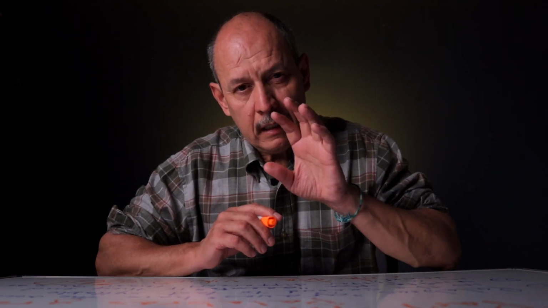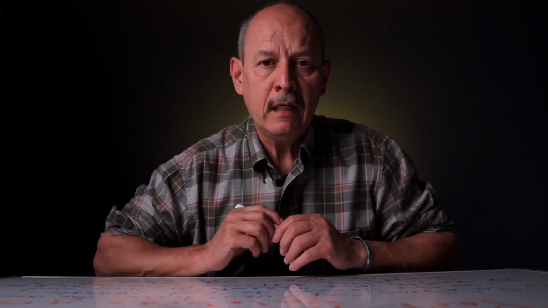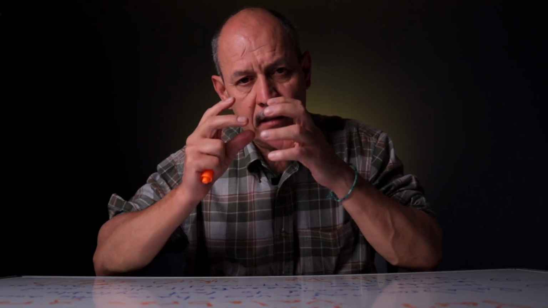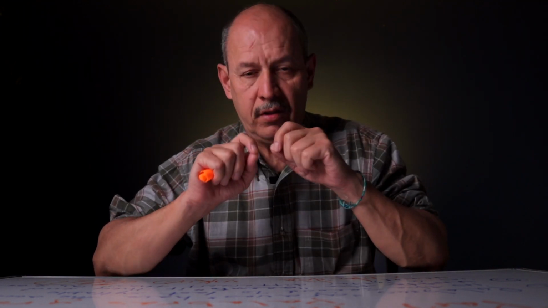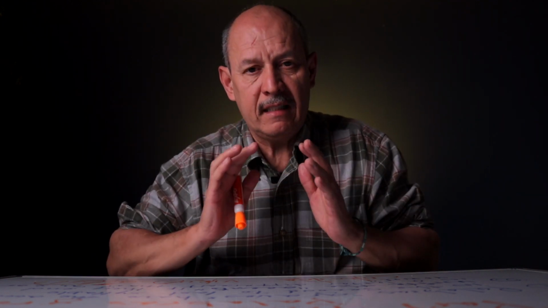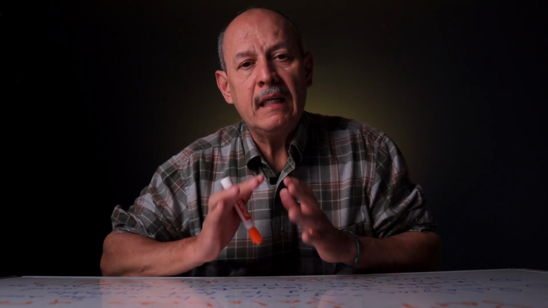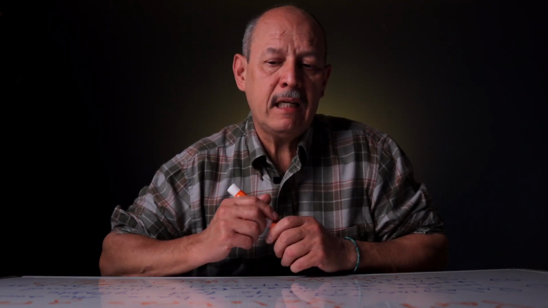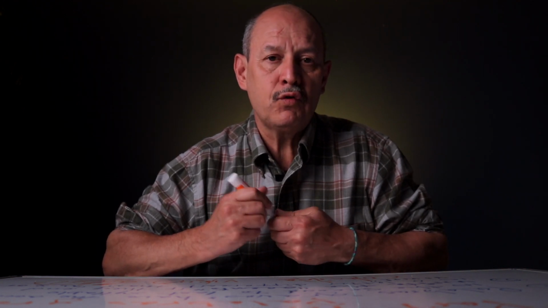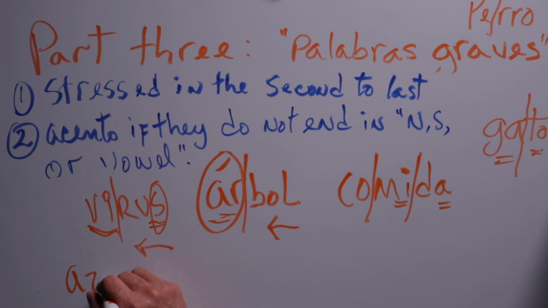Now, let me give you another piece of information that hopefully will be beneficial for you. Acentos, the stressed syllable, never change position. Once you find out that X syllable is the stressed one, it will remain there forever. Let's take a word that we studied in the last video. I don't know if you remember the word azul. Azul is an aguda word because it has the acento in the last syllable, zul.